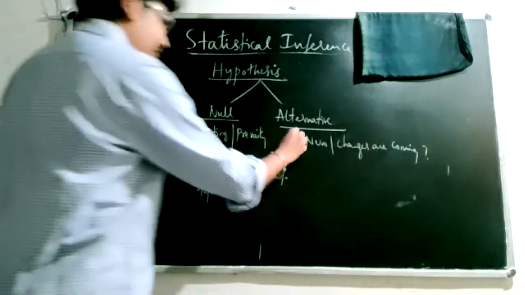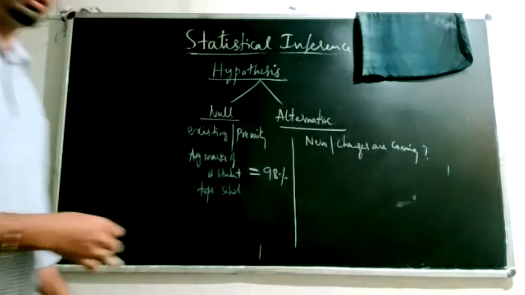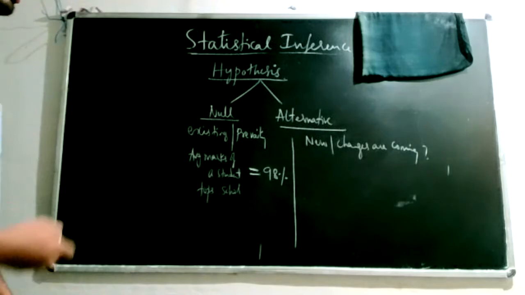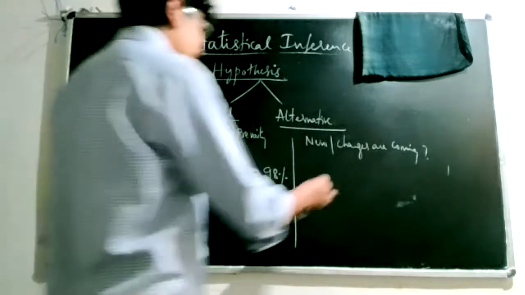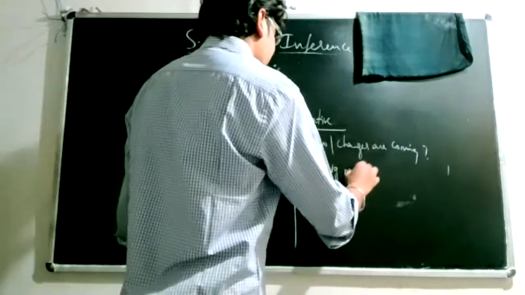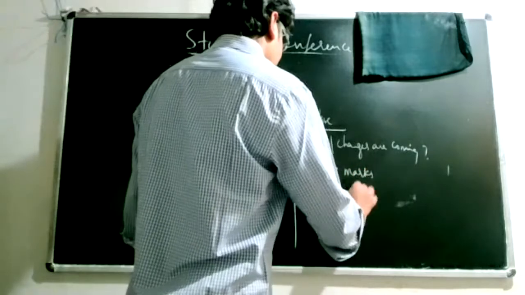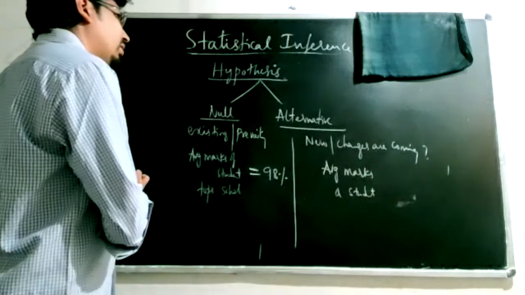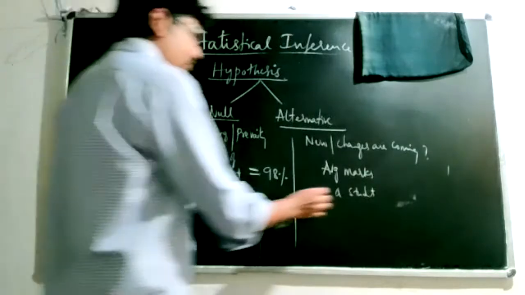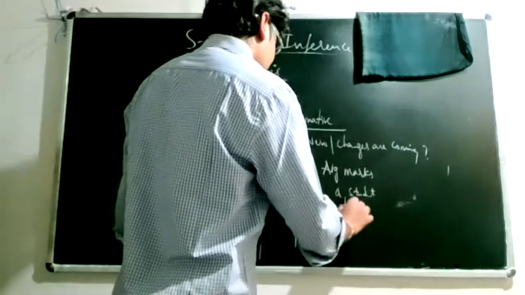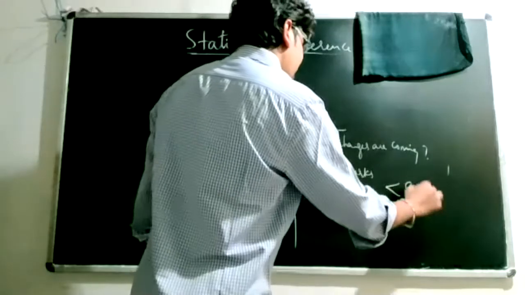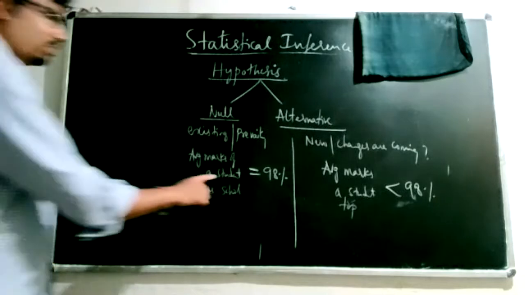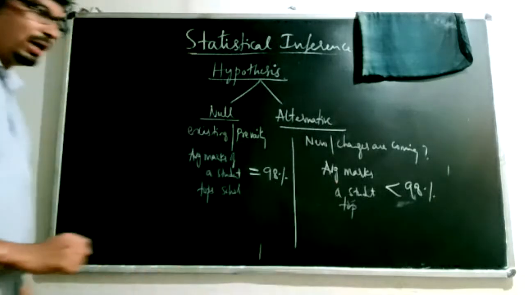But you feel that nowadays, because of online classes and students not being productive at home, and maybe because of other reasons, the average marks of the toppers have come down. So the average marks of students who top have come down from the existing 98%. So this is the null hypothesis, and this is the alternative hypothesis.